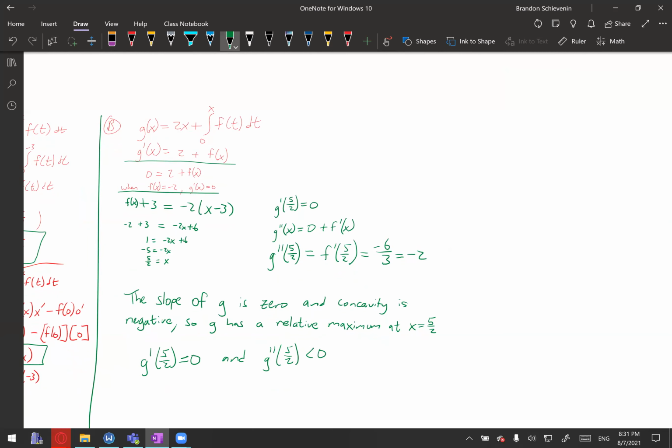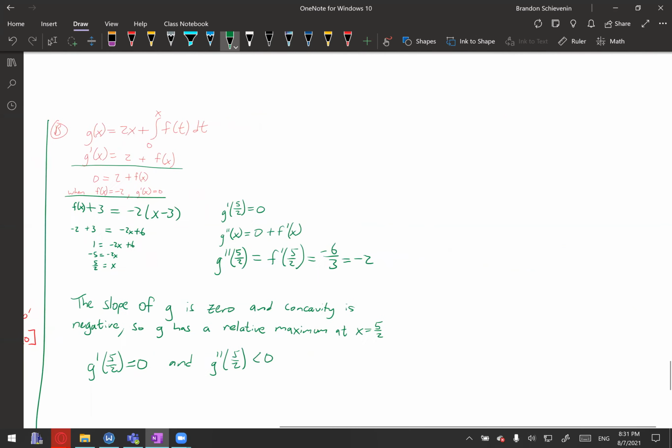Okay, so in order to prove that this is an absolute maximum, not just a relative maximum, I need to prove that this is the highest y value possible for g on the entire graph. And that means, since this is the only relative maximum that we have, I need to test this point, but then also the start point and end point of the interval to see if we started at a higher y value. So I'm going to make a table really quick.